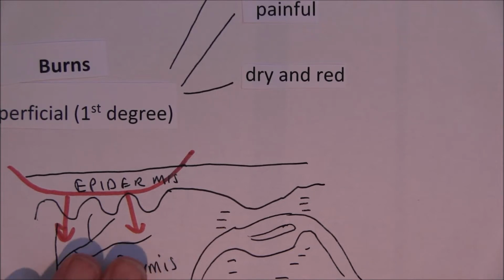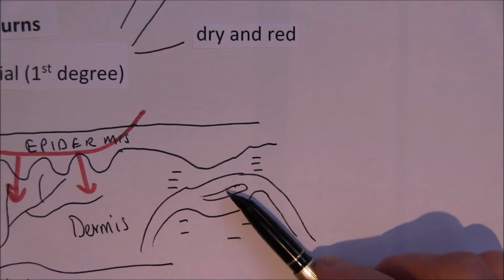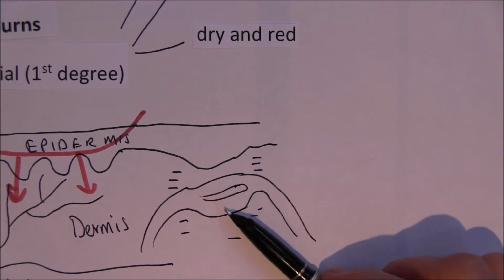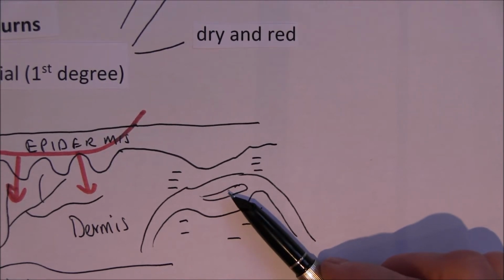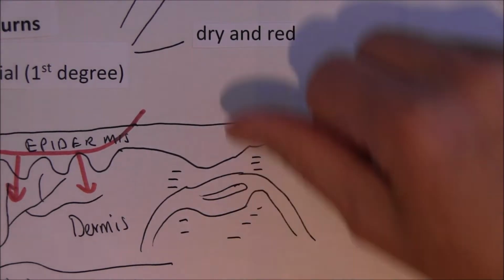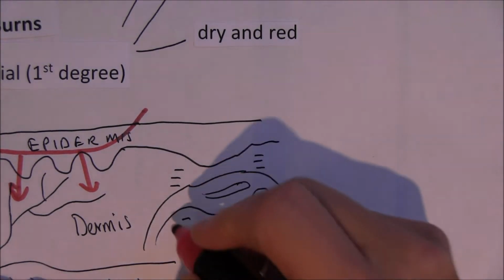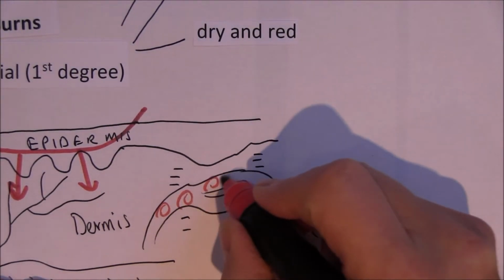And I think you can also see that because the blood vessels in the dermis are preserved, we're still going to get the blanching effect. So when we apply pressure on here, it's going to squeeze the blood out of these capillaries.